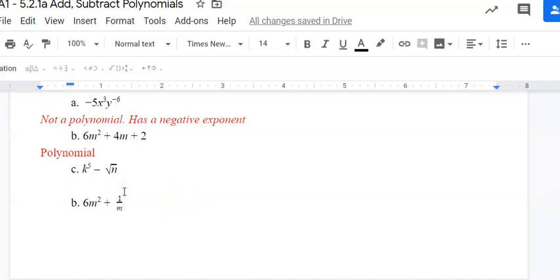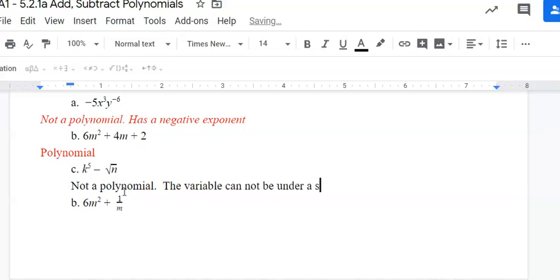So you're not allowed to have a square root of a variable in a polynomial. So not a polynomial. The variable cannot be under a square root. If it's a polynomial, you won't have any square roots on your variables.